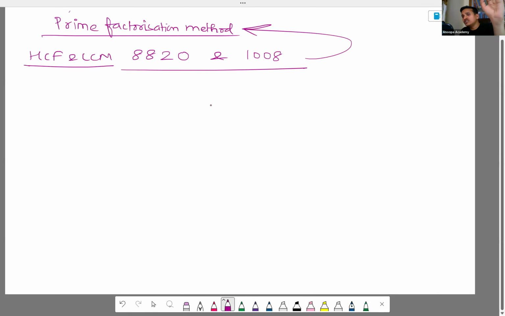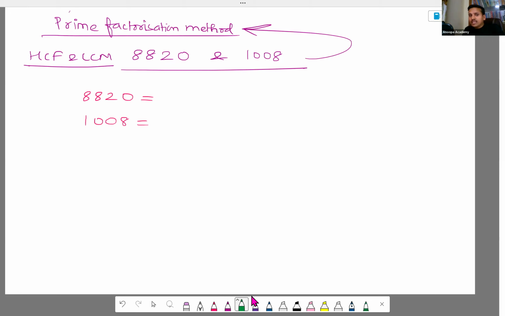All of you, please focus, because once you understand this question, you can solve any other question. I have taken big numbers so that you get all the basics right. Whenever you want to find the HCF and LCM by prime factorization, first of all, just write the numbers 8820 and 1008. Write both the numbers.